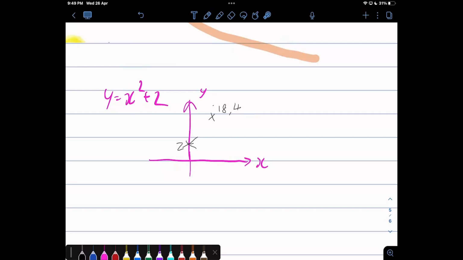Wait, when x is 4, y is 18. 4 square, correct, yes. Then of course if it's negative 4, negative 18. Negative 8. No, check again. It's still 18. What?